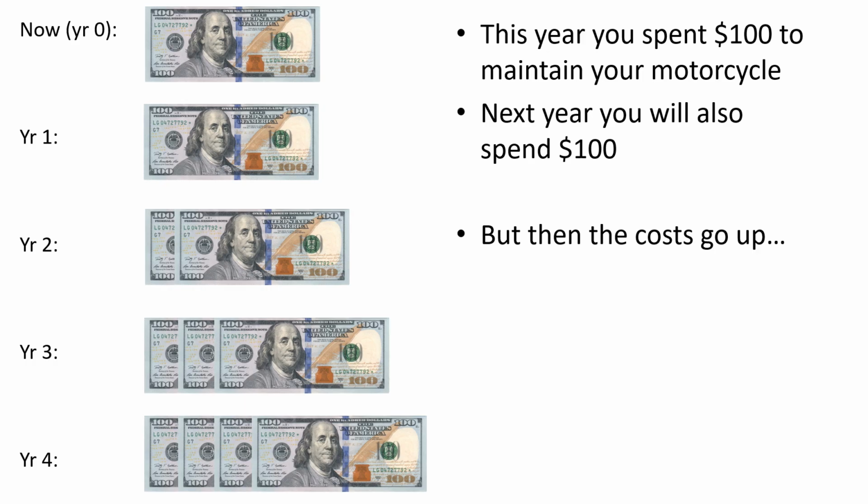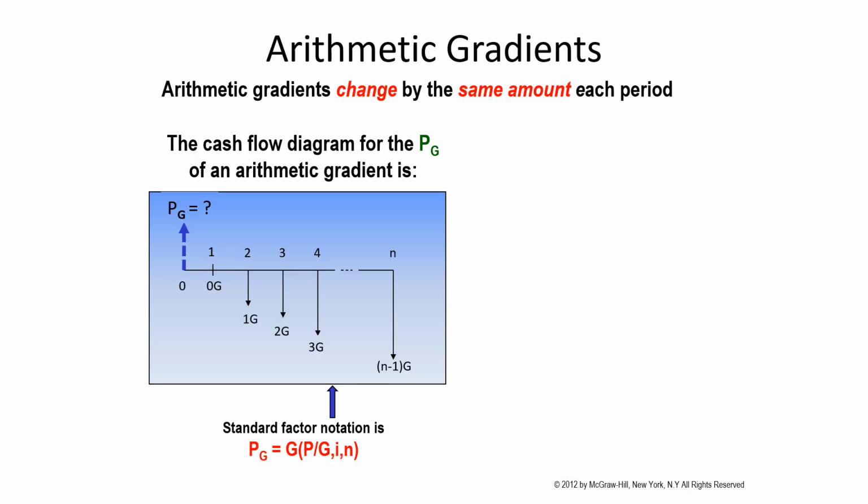So in this illustration, the amount of the gradient is $100. But there was also a base annual series that this gradient is being added on top of. But the gradient component of it is just that year 2 is the first time that you start to see the regular increases. And then each subsequent year, it's going up by the same amount.